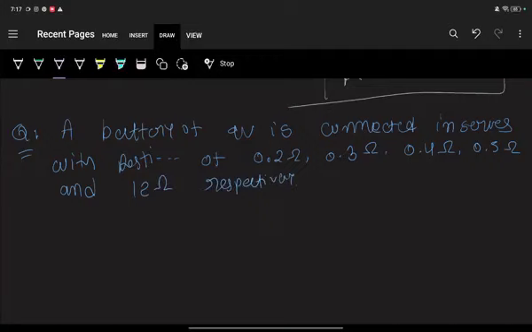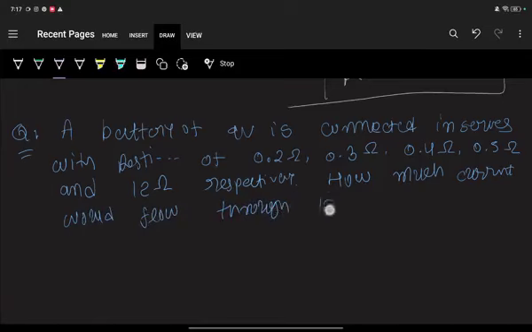How much current would flow through the 12 ohm resistor?